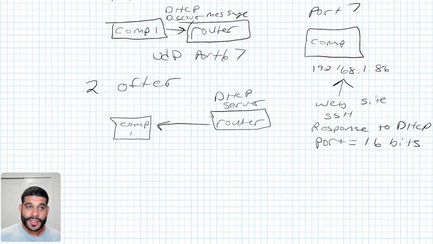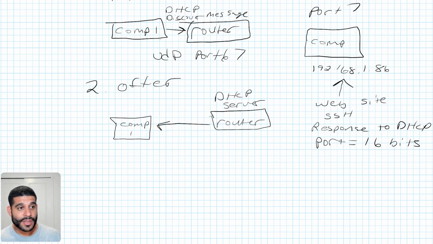In the first stage, the computer is talking to the network and it sends a message over port 67 to the entire network and says, hey, any DHCP servers out there, I am trying to discover you. I need information in order to get online. And again, this is where the second stage comes in. This is the offer stage where the router says, oh, okay, I'm a DHCP server.